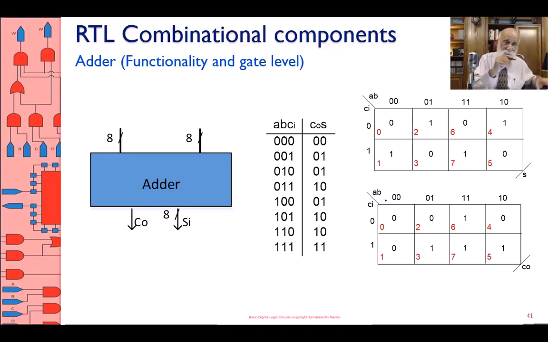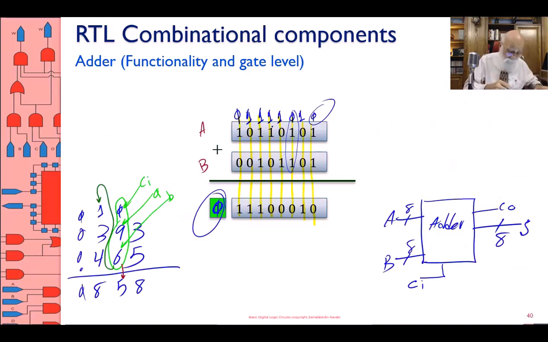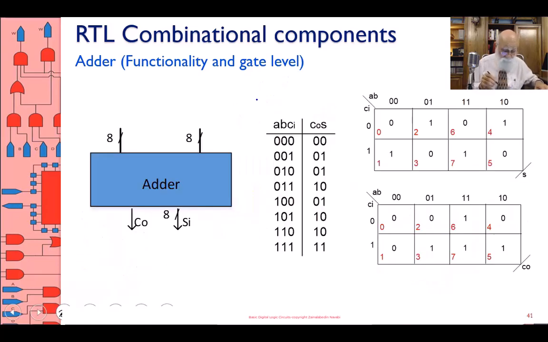Look at everything that I had over here. Let's look at, for example, 1, 1, 1. The result is 1, the carry is 1. 0, 0, 0: the A input, the B input, and the carry into this position are 0, so the result is 0, 0. 0, 0, 1 is 0, 1. 0, 1, 0 is 0, 1. 0, 1, 1 is 1, 0.